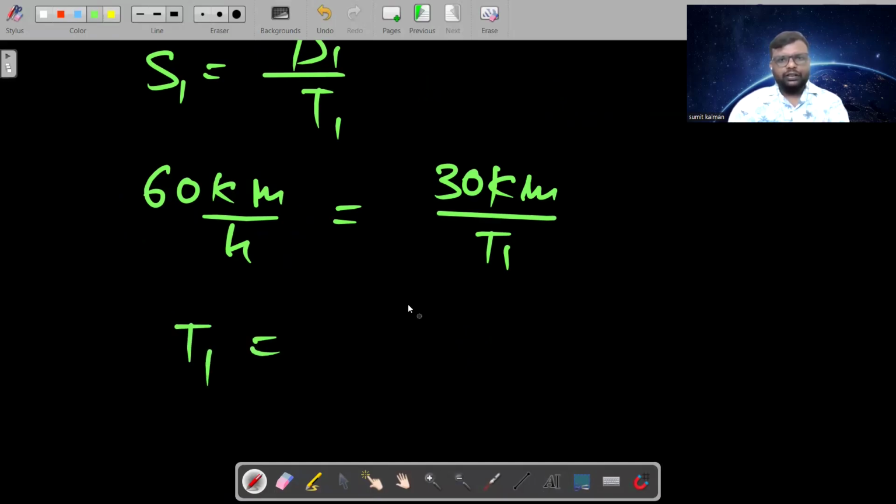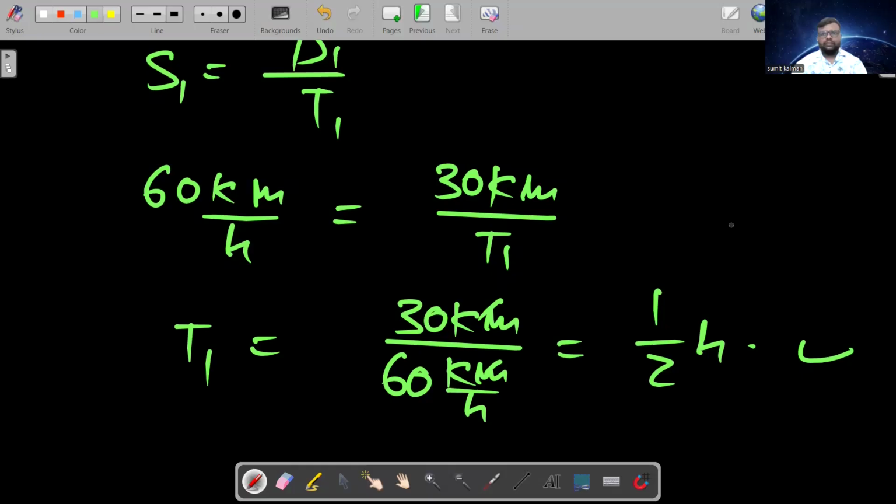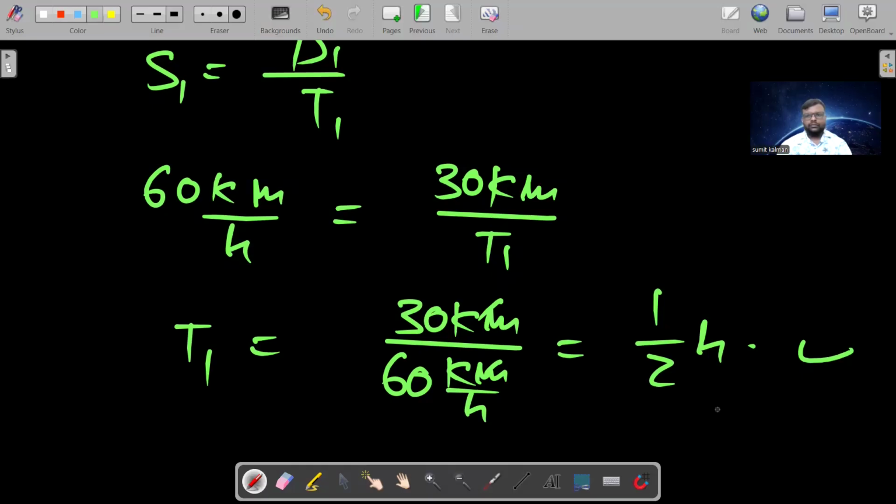Time is equal to 30 kilometer upon 60 kilometer per hour. So here, friends, it will be 1 upon 2 hour. So here you will get half hour. So this is the time for the first motion.